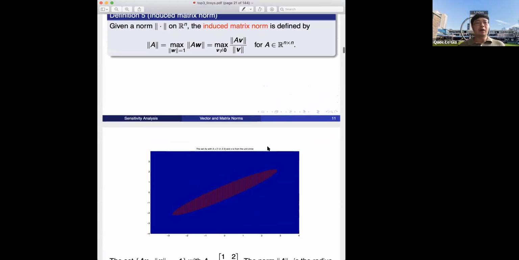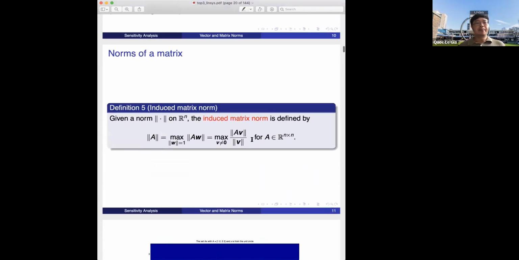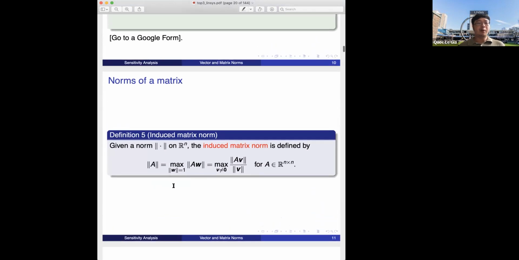So now we go back to the formal definition. The norm of the matrix is the maximal radius of AW, where you take the norm, and this could be any norm, and W comes from the circle.